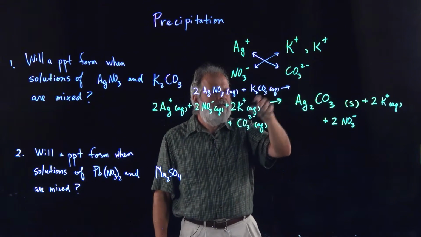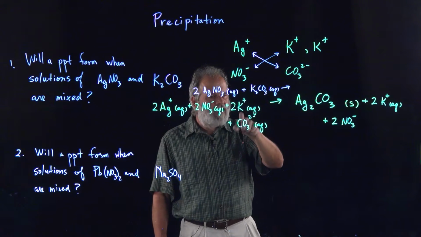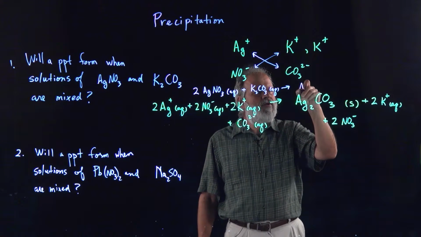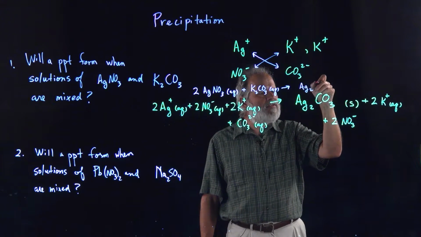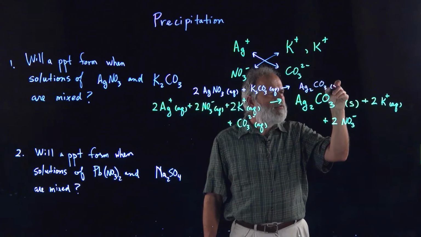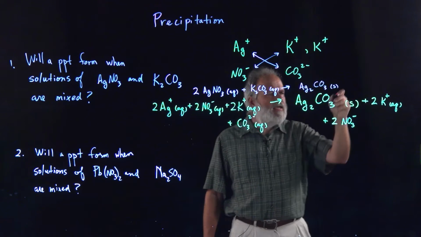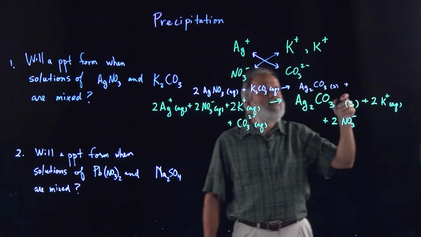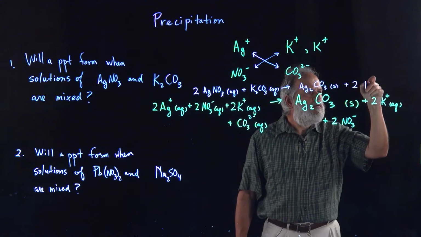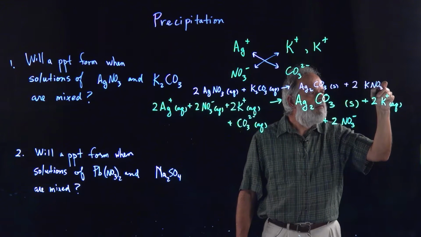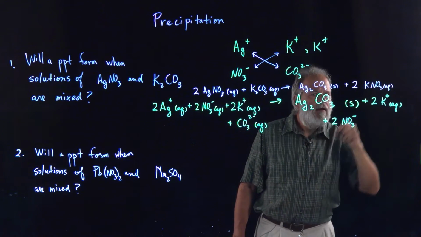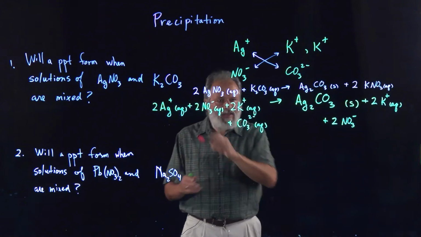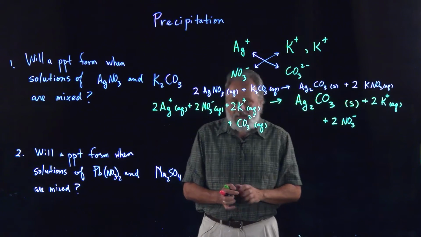Potassium carbonate solution, those potassium ions and carbonate ions. I predict the new combination, which is insoluble. So you put S instead of AQ, and then, of course, the cross for the two nitrates and the two potassiums.